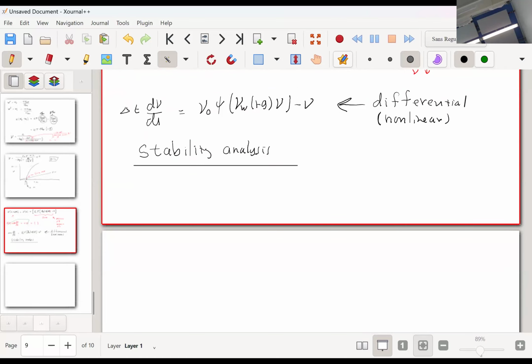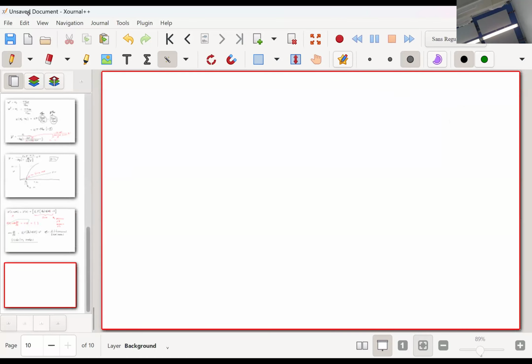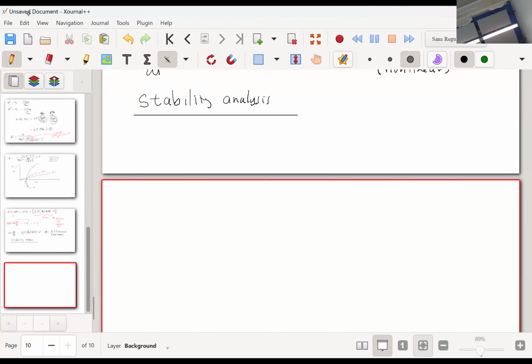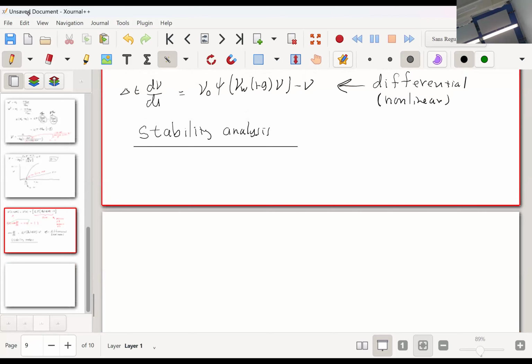So assume that, since we've already used nu 0, nu star equals equilibrium.